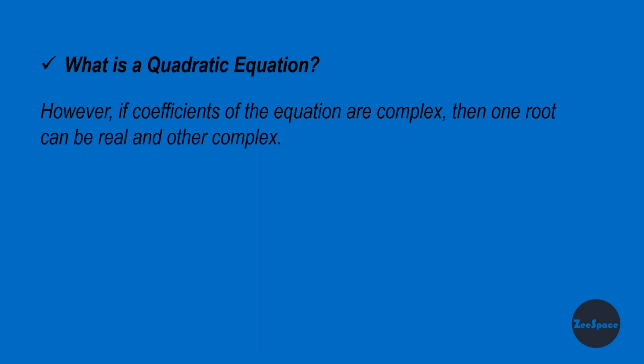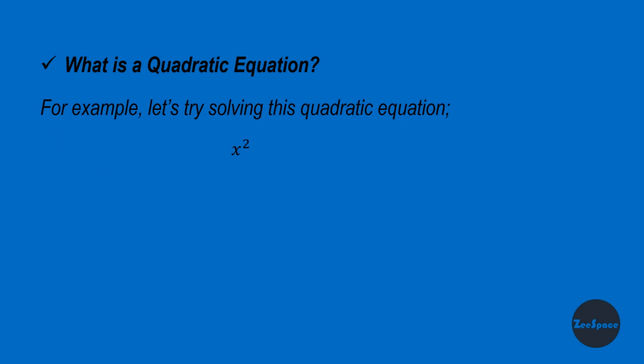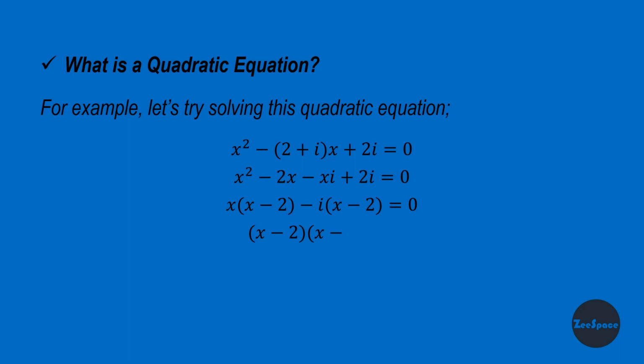However, if coefficients of the quadratic equation are complex, then one root can be real and other complex. For example, let's try solving this quadratic equation. x squared minus within brackets 2 plus iota into x plus 2 iota equals 0. x squared minus 2x minus x iota plus 2 iota equals 0. x into x minus 2 minus iota into x minus 2 equals 0. x minus 2 into x minus iota equals 0.